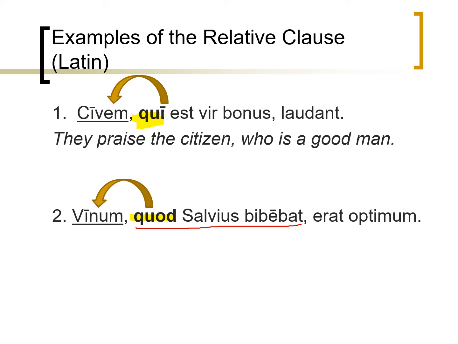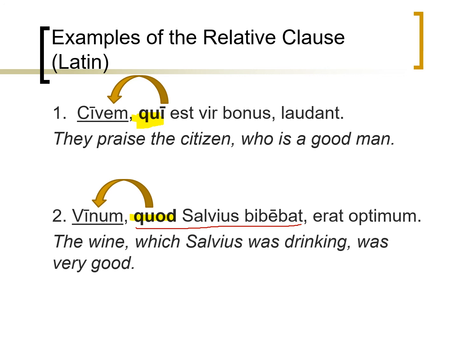One thing I want to point out, vinum looks weird but it is something we're going to be learning soon, the gender. This is a new gender that I think I've hinted at. It's neuter, and the endings are slightly different. And so quod is neuter and singular. The wine which Salvius was drinking was very good. Oh, quod is actually accusative, excuse me.